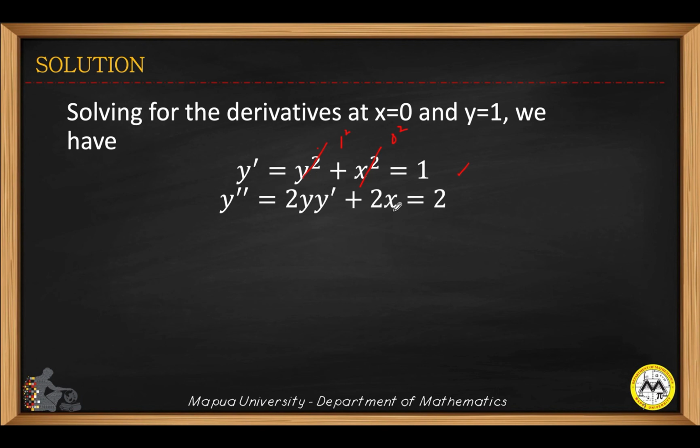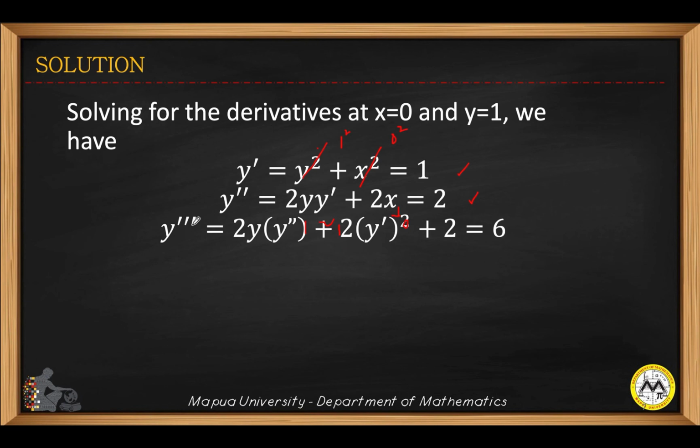The derivative of x squared is 2x, so we differentiate this implicitly. Now we substitute the values. This is equal to 1, this is also 1, and this is 0. So 2 times 1 times 1 is 2, so that will be y double prime equals 2.